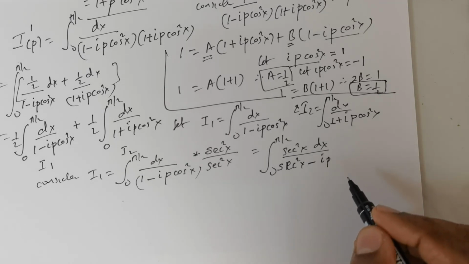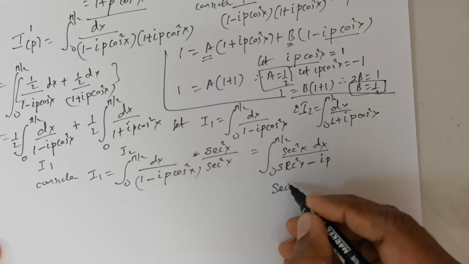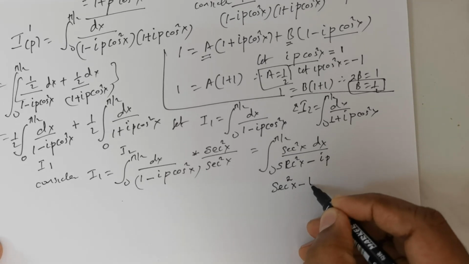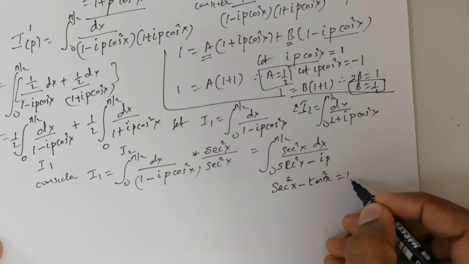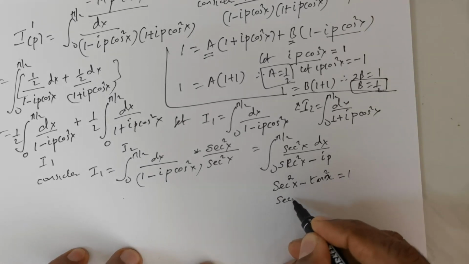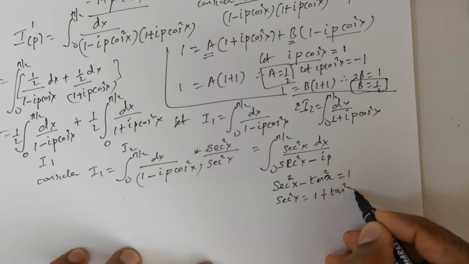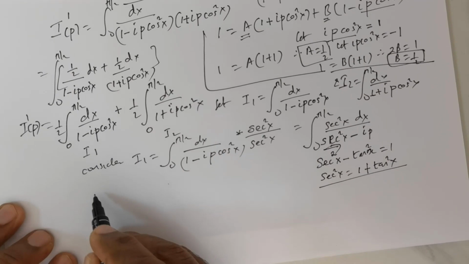Now I would like to make use of the trigonometric identity, that secant squared x minus tan squared x is equal to 1. So that would mean my secant squared x is equal to 1 plus tan squared x. Now let me just substitute that over here for the denominator.